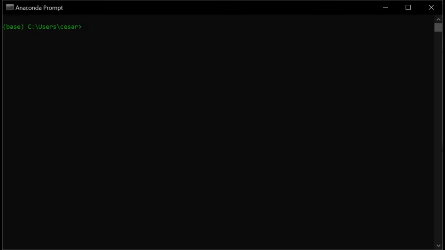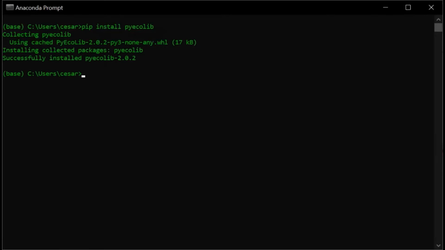Let me show you how to do it. You can open the Anaconda prompt, and using the command pip install PyEcoLib, you should get the library in this way. Okay, the current version is 2.0.2. We're planning to improve the library, so the new version of this library will be started in the next video.